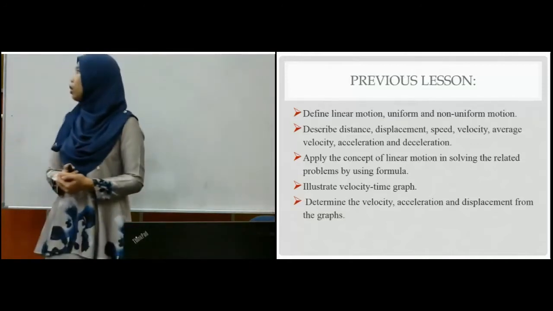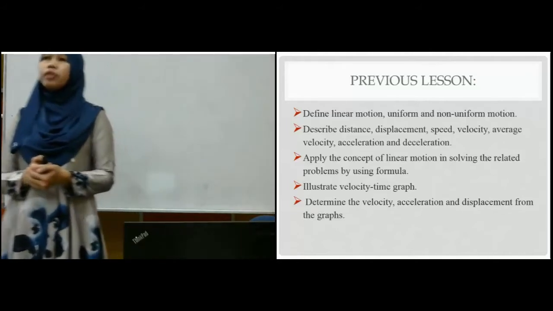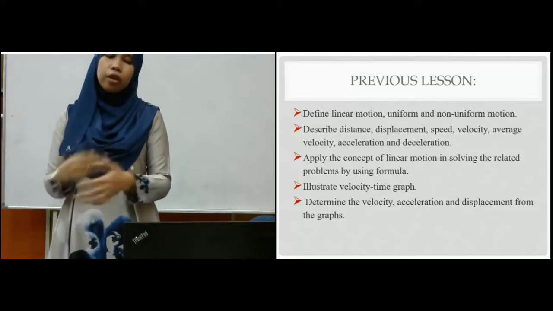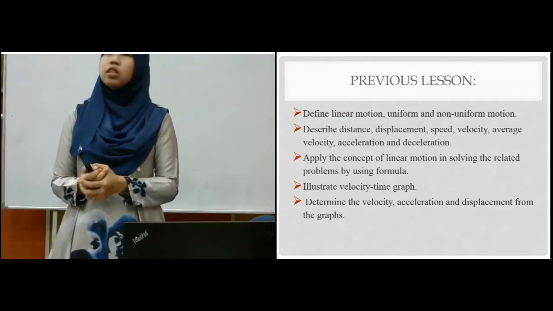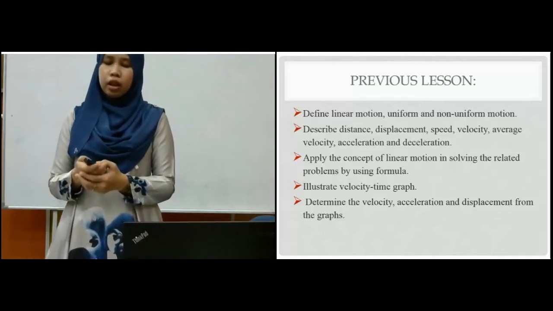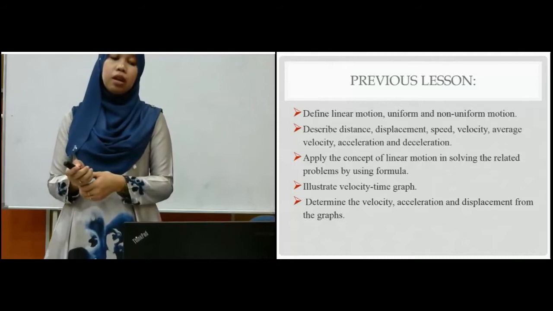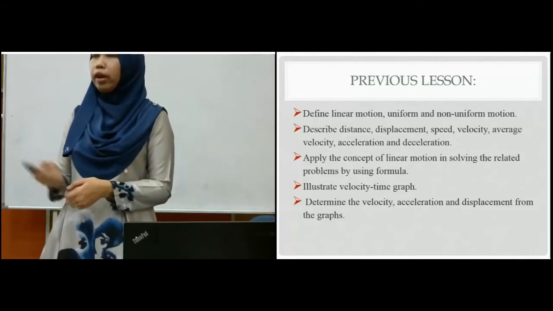And then you should know how to determine the velocity, acceleration, and displacement from the graph. I hope that you don't have any problem with this chapter. If you still do not understand, you can come and see me at my office. Clear? Alright.